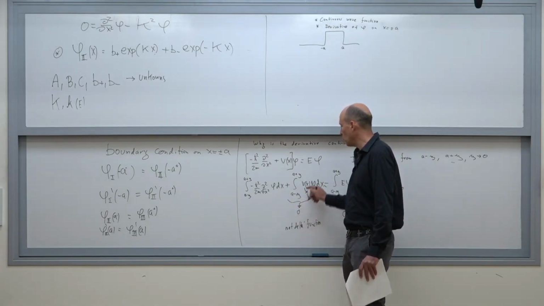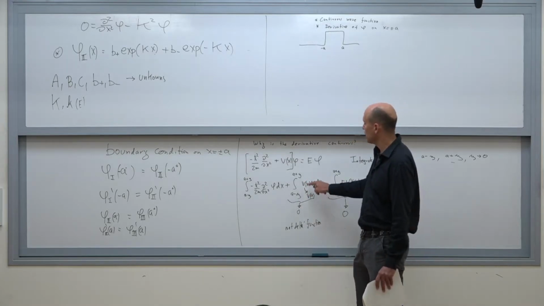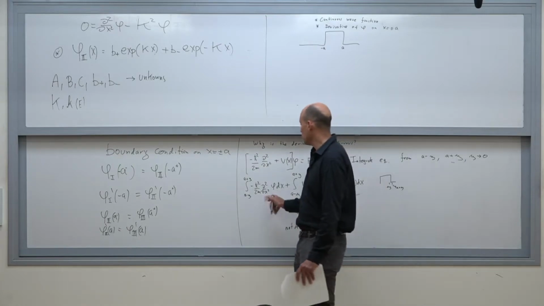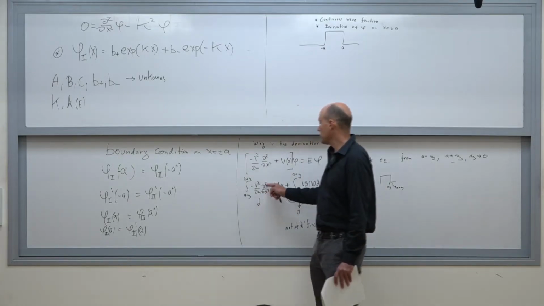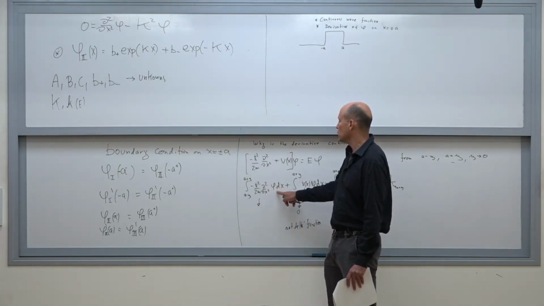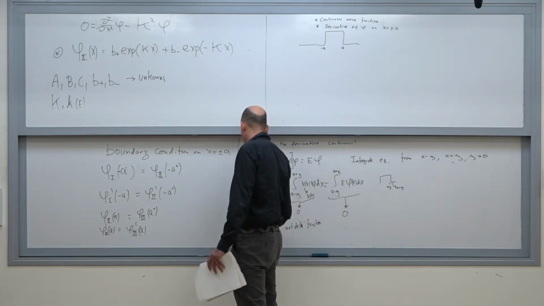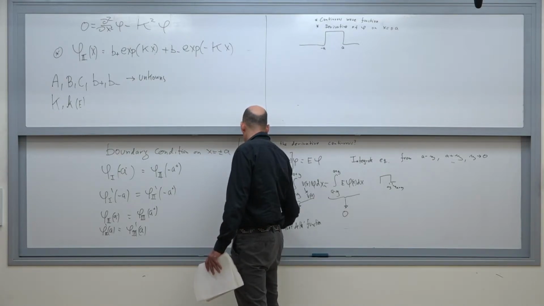And when you do homework with a delta function, you plug in a delta function and you will get a condition. Because what is this guy? This is the second derivative of phi with respect to x. But what is that? This is simply d over dx of phi at a plus eta minus d over dx of phi at a minus eta.